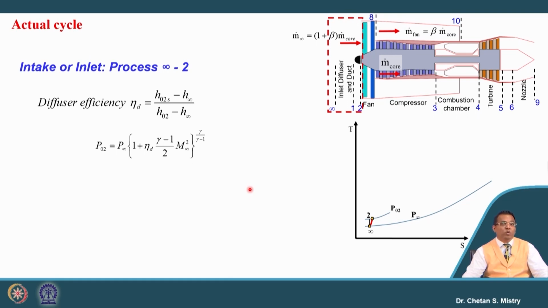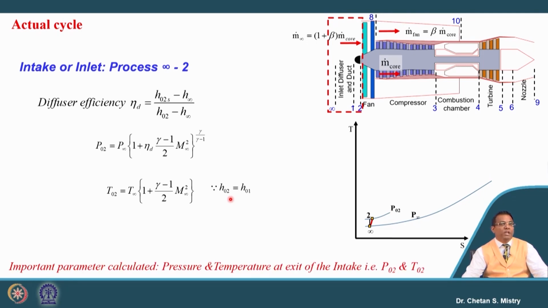So, this P02 is representing the exit pressure from the diffuser. Similarly, we have discussed this many times, this process is an adiabatic process, and that is the reason why my H02 and H01 will be the same. So, based on this we are able to calculate our exit pressure and exit temperature from the inlet.